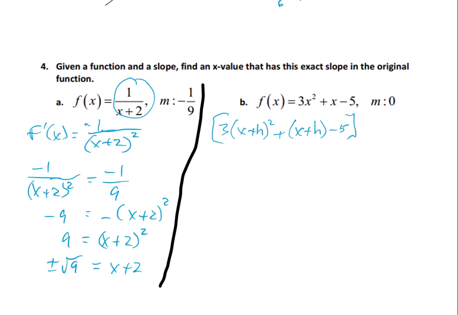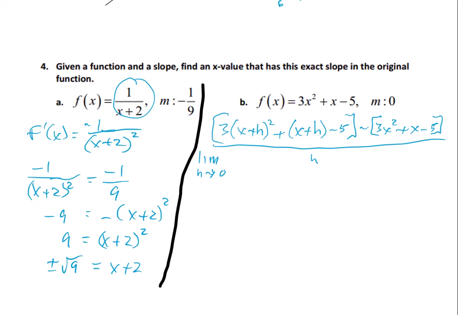There's my y2. Subtracting from that my y1, so I've got 3x squared plus x minus 5. All that's over h. And we're looking for the limit as h approaches 0.